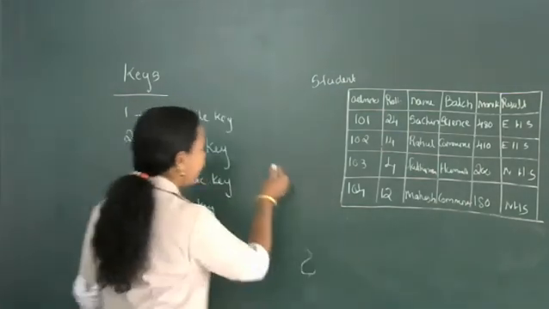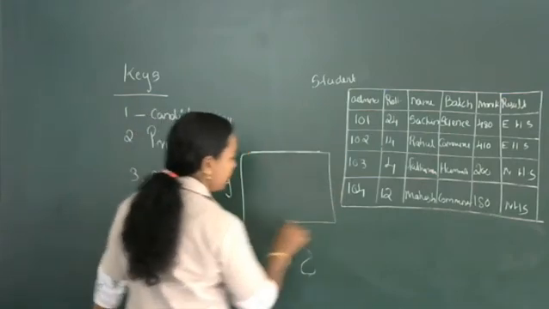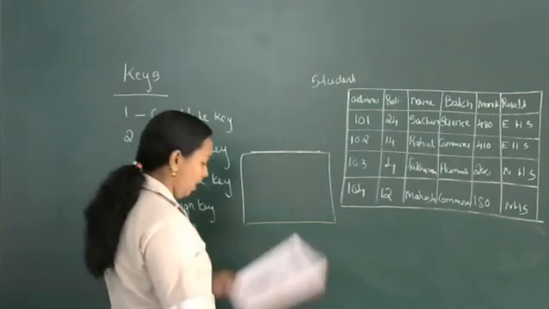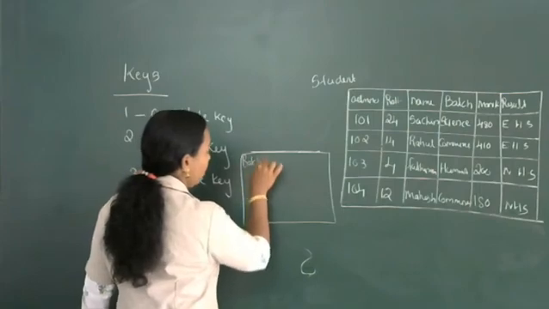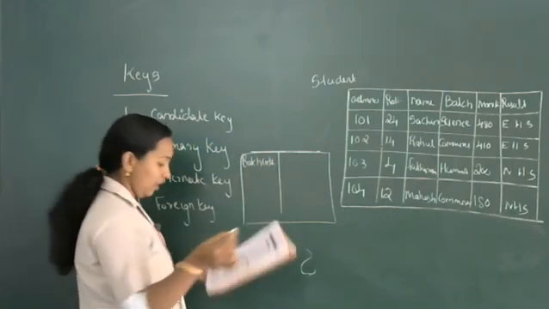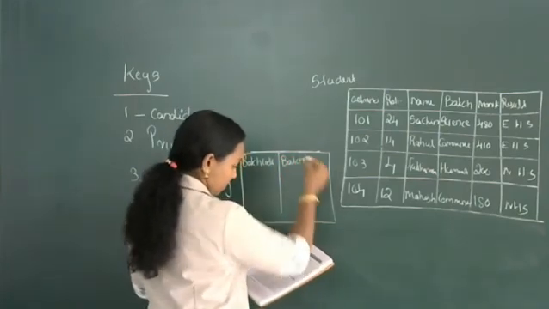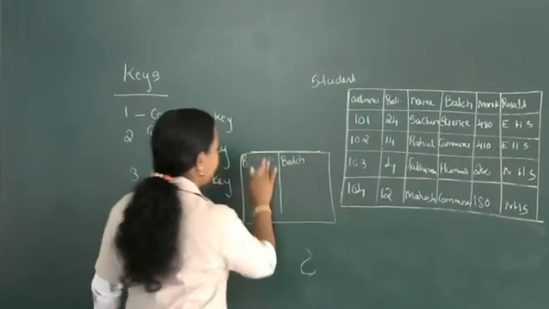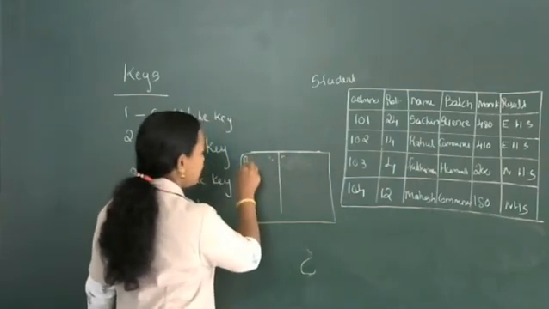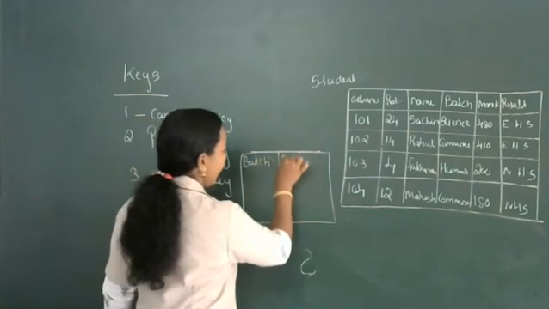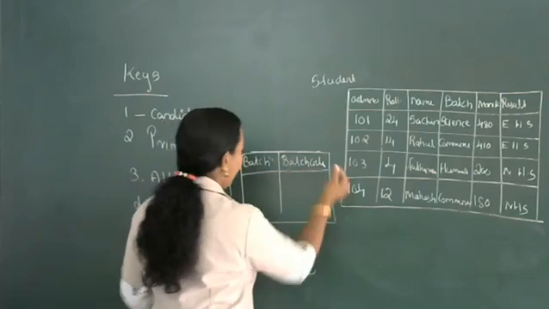For example, I am going to draw one more table. Okay, so what is this table name? Student table. One more table I am going to write. Batch code, then batch name. We can write like this.